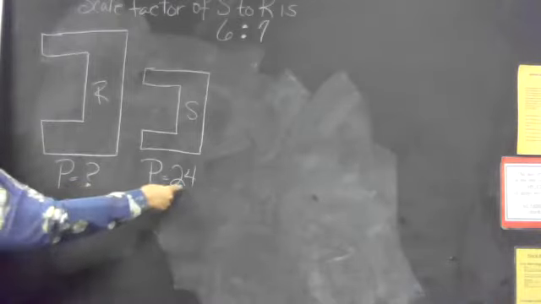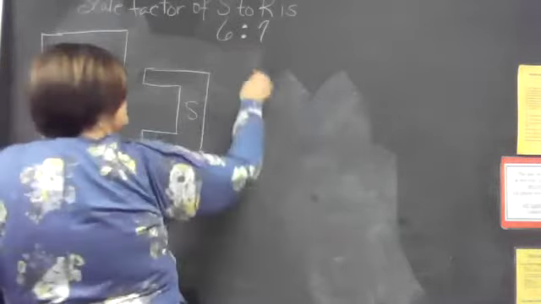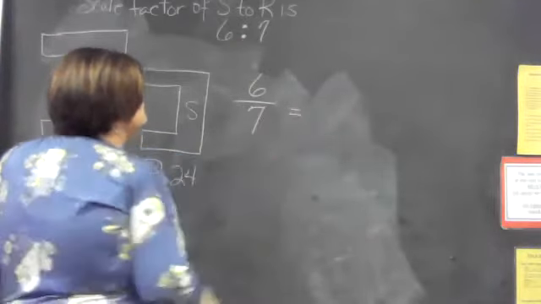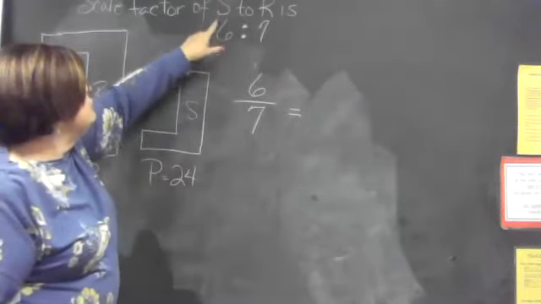So what we need to do in order to find the perimeter, they're given one perimeter, not this one, but what did they give us that we know for sure? 6, 7. We know the scale factor or the ratio. That's exactly right. So we're going to use the scale factor to start our proportion. Now, when you do this, you've got to be so careful about which one we're going to put first.